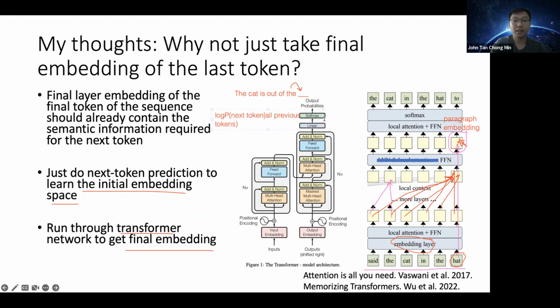This is the maximum likelihood objective, which will lead to you back propagating through the network, and eventually your embedding layer at the front would also be updated accordingly. So my intuition is that you can just use this, update this embedding layer, run through the model, and then you get this particular embedding here, and that can be your paragraph or sentence embedding.